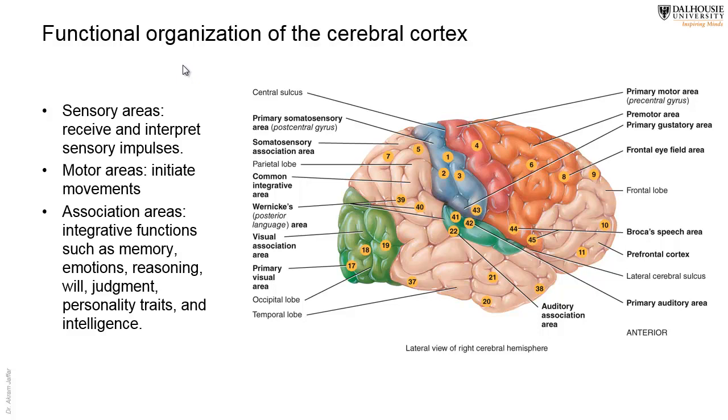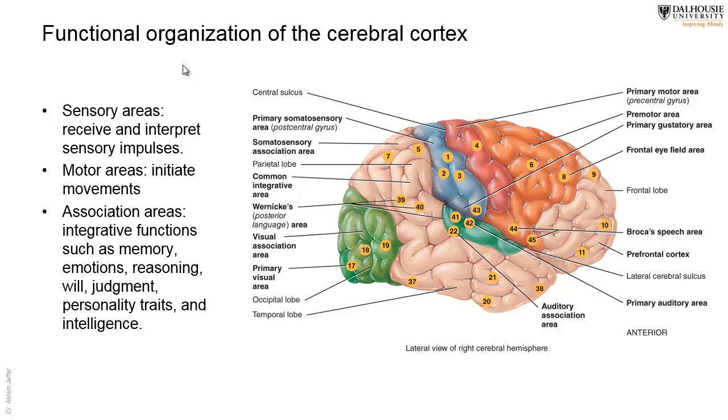Multiple sensory information were integrated. The elementary sensations will be felt in the primary sensory areas, and then these sensations altogether will be integrated in association areas. So these association areas integrate the information. They are related to memory, emotions, judgment, insight, things like that.